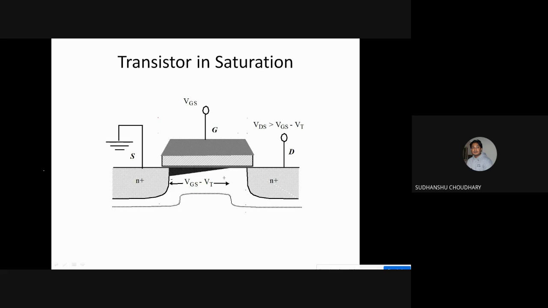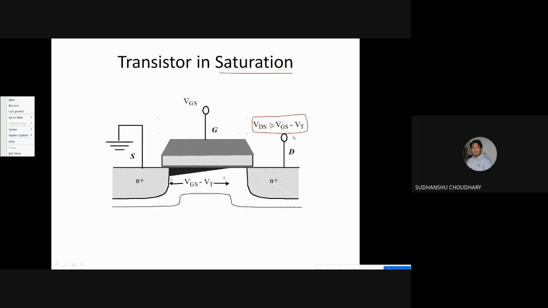Now the next region is called the saturation region of operation. So we have three regions: cutoff, linear and saturation. Saturation happens only when the applied drain to source voltage VDS is greater than or equal to VGS minus VT.